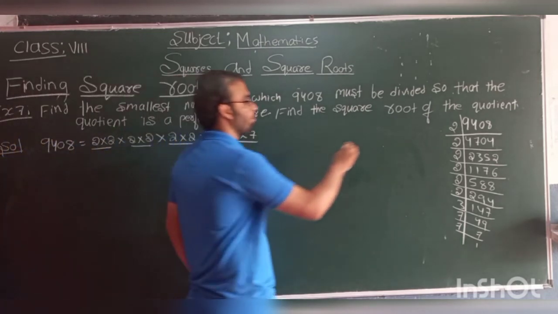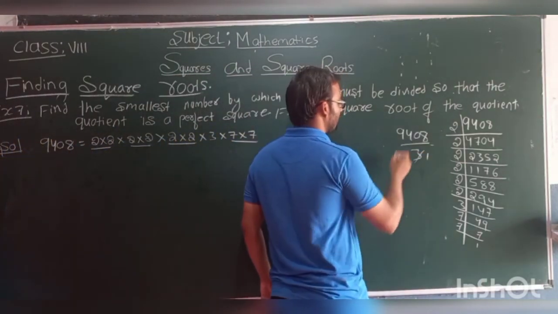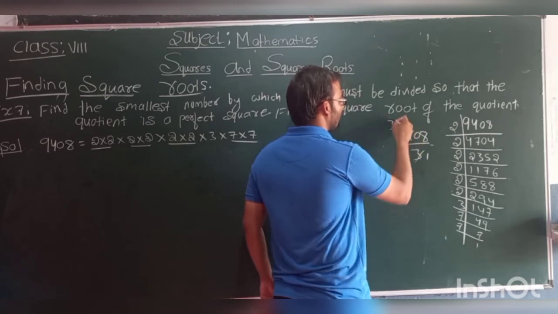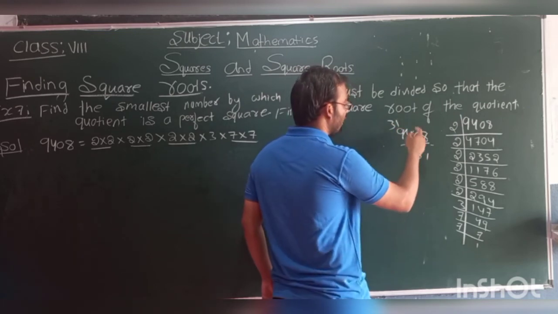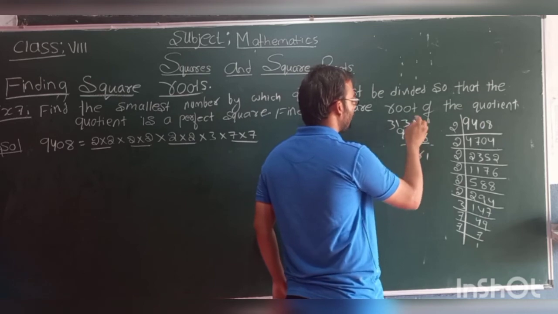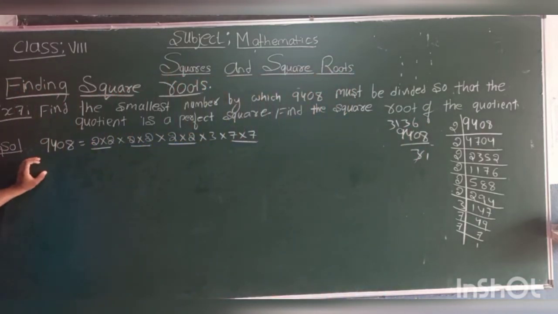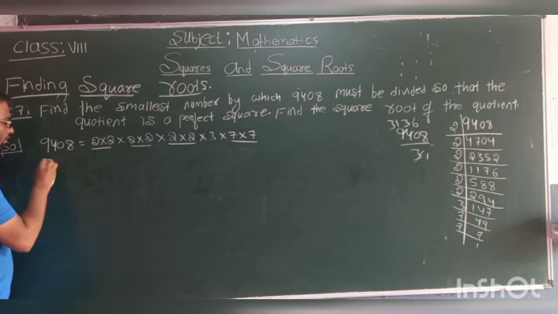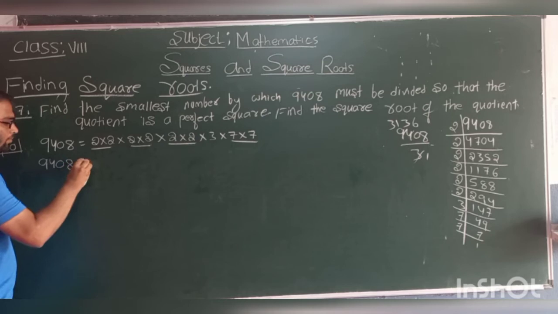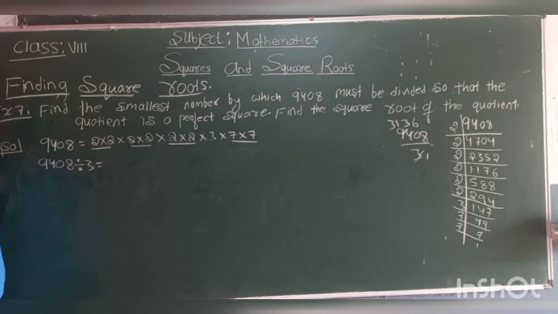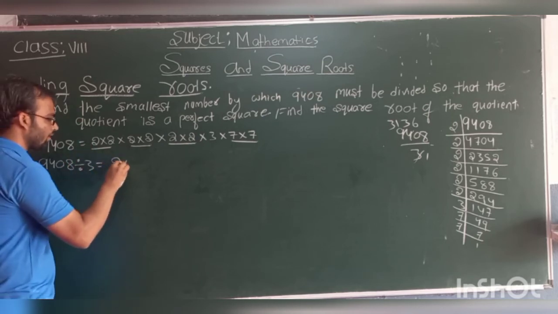So look at here. 3 ones are 3. 3 threes are 9. 3 ones are 3. 1 remaining will become, 3 threes are 9. 1 remaining will become 18, 3 sixes are 18.